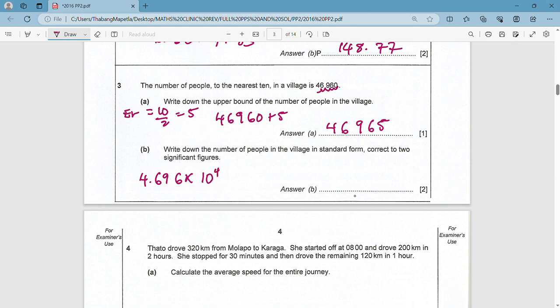It says correct to two significant figures, so figure number 1, number 2, we are rounding the third one, so it will round up, now 4.7. So our answer would be 4.7 times 10 to the power 4. That will be our solution. So I hope we are good.